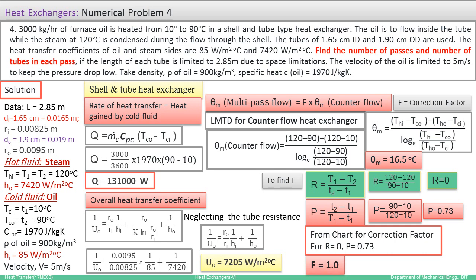This will be explained in the next slide. Okay, so for this problem where it's a condenser, since R value is 0, we get F is equal to 1, that we can see now. Hence we can deduce that theta m of an evaporator or a condenser is equal to theta m for counterflow.